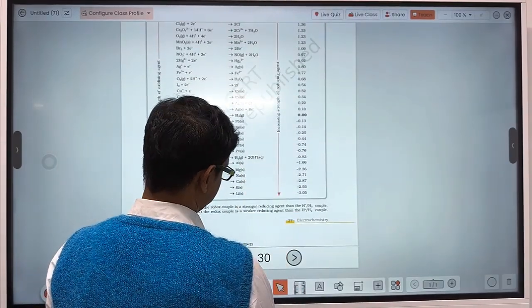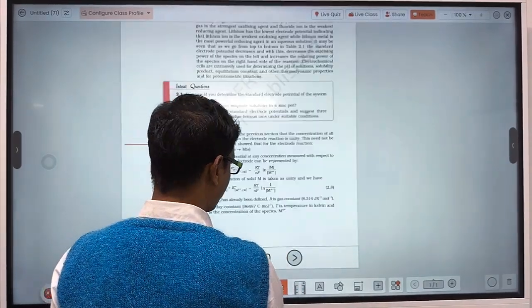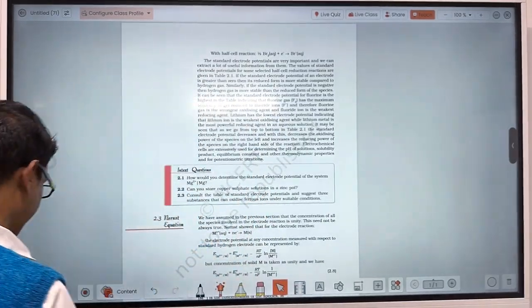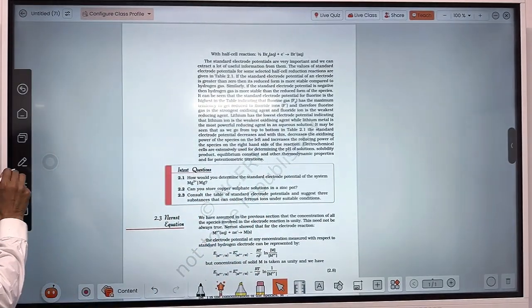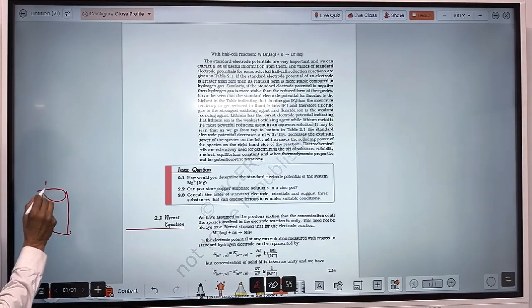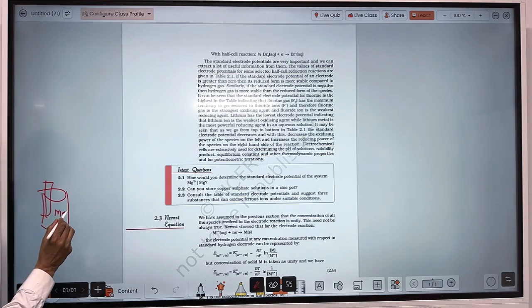Can you do this question or not? Simple here. You will take a magnesium rod in a vessel, and MgSO4 solution, which will dissociate into Mg2+ and SO4 2-.